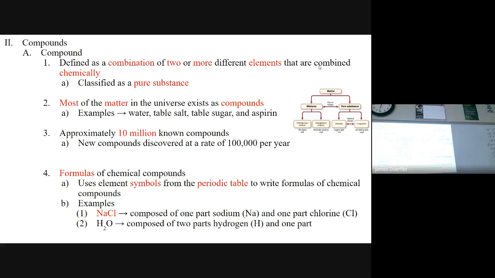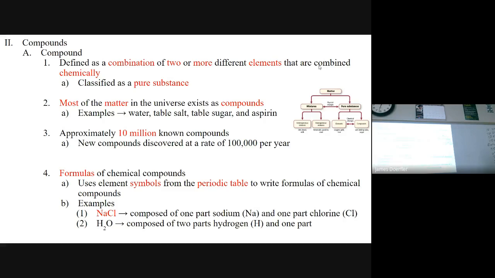The reason why compounds are so important to understand is because most of the matter in the entire known universe exists as compounds. Water, table salt, table sugar, aspirin, they're all chemically combined elements to form these various substances.